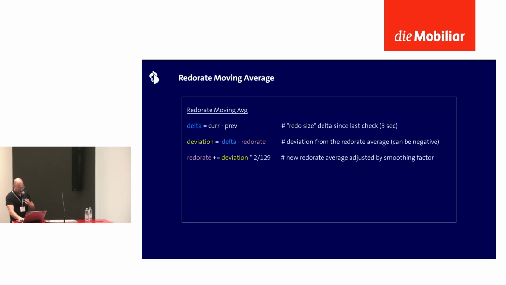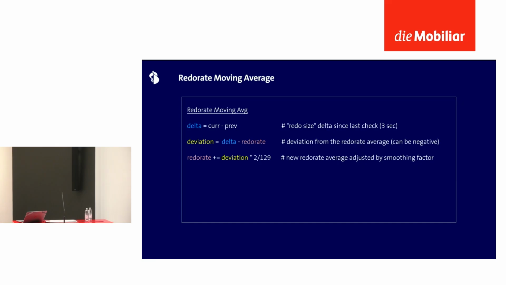Interestingly, the redo rate is not a normal average, it's a moving average, and it's based on this formula here. Oracle just takes the difference between current value, previous value 3 seconds ago, and then computes a deviation and the delta with the redo rate, and then it multiplies this by a factor of 2 over 129.